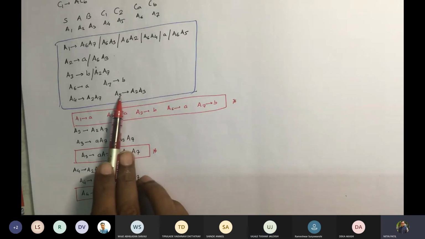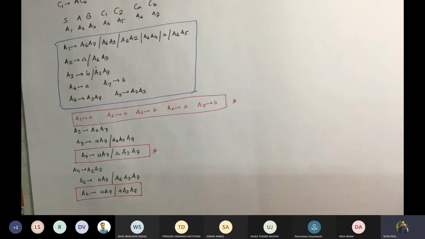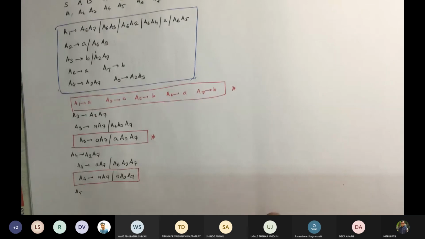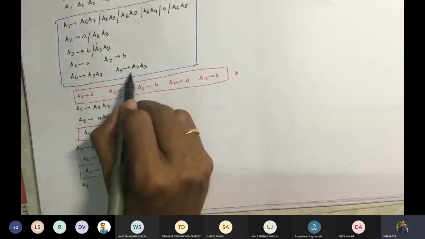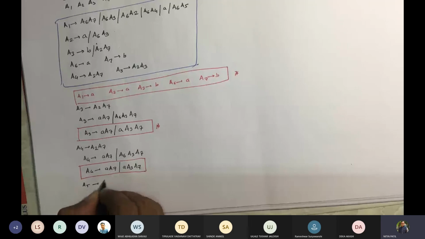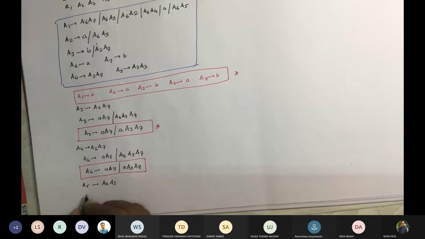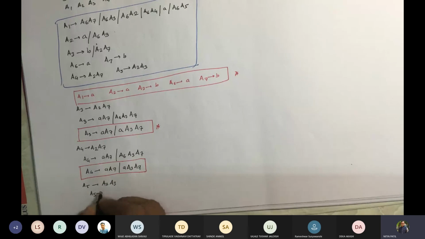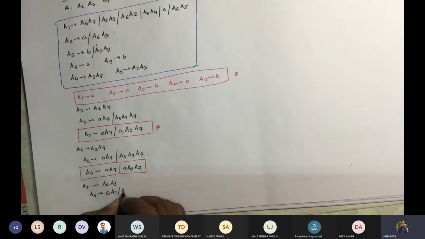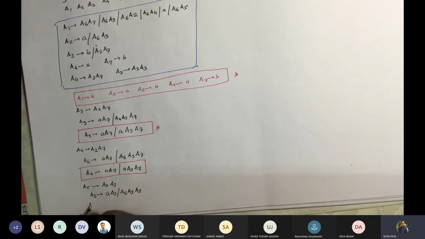अभी बचा क्या है? ये वाला उसी कंडीशन में, ये इंडेक्स हायर देन दिस इंडेक्स। सो A5 गिव्स क्या था वो? A2 A3. A2 के फिर से है 2। We'll write A5 gives first A3 and then A6 A3 A3.